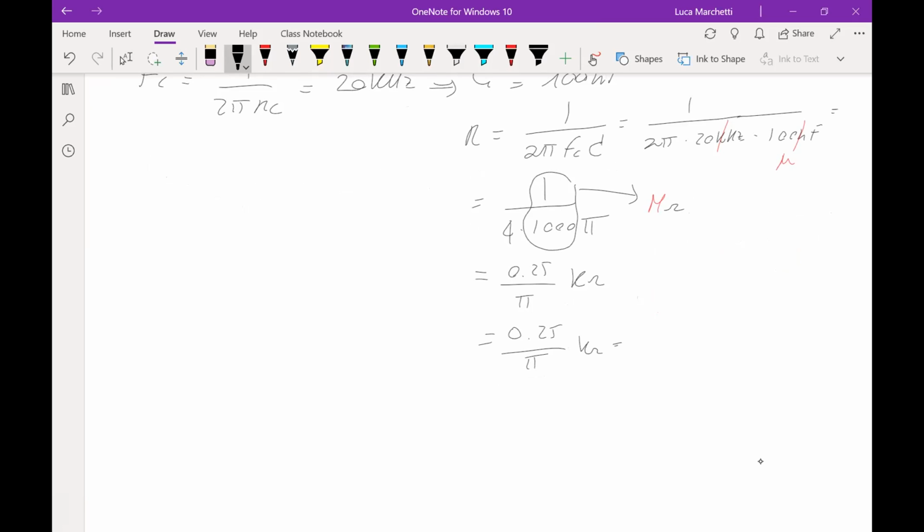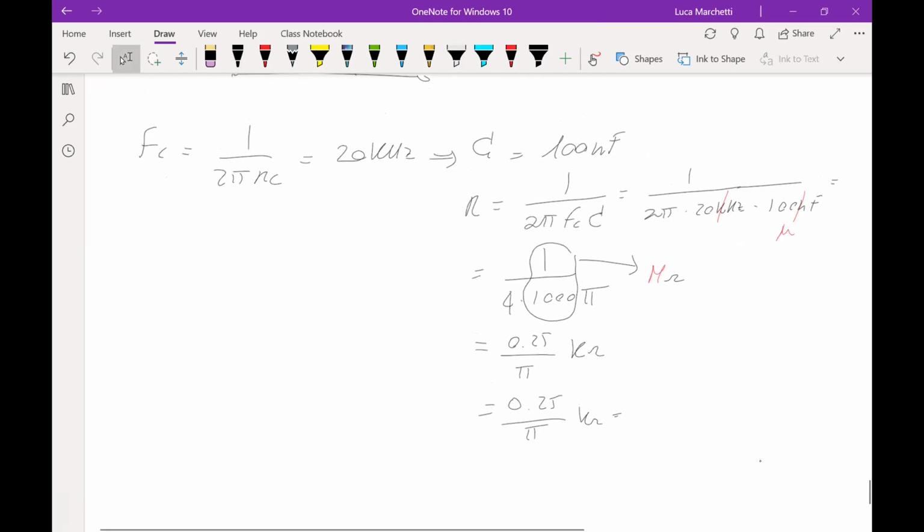Let me double check if my calculation is correct. We have 20 kilo times nano, that is micro, that is mega. 2000 times 4,000, okay. This is pi. And instead of pi, I consider 3.